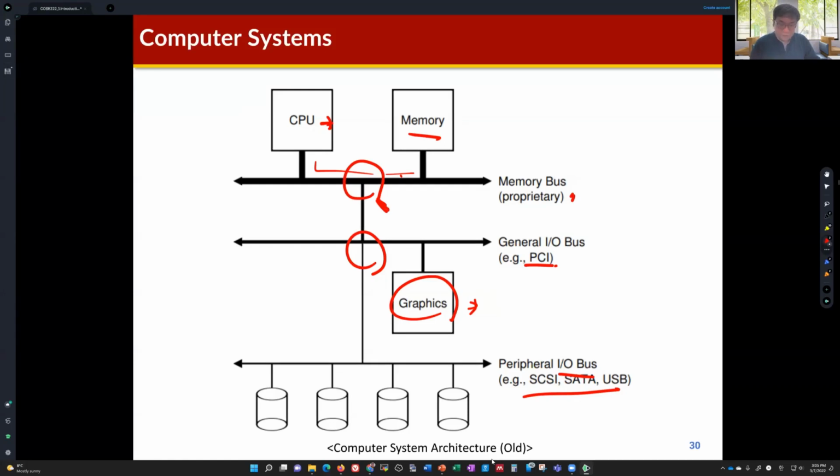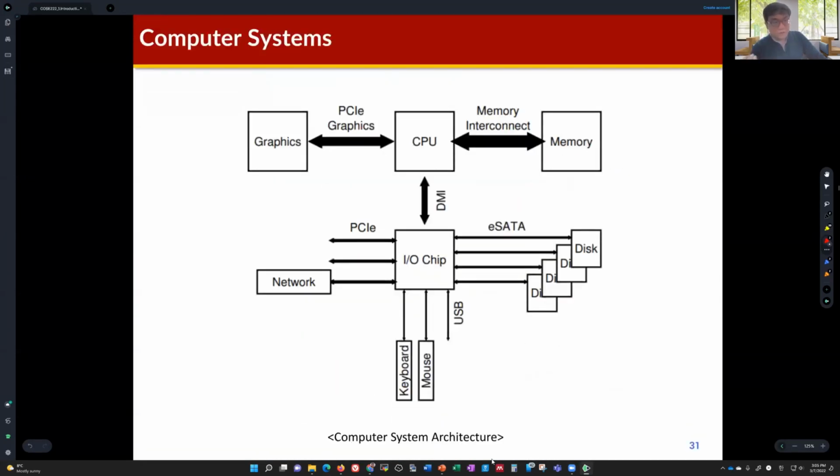The south bridge manages the communications between many different peripherals, like the slow components. But recently, the north bridge part is integrated in the CPU. So CPUs are directly connected to memory and GPUs.